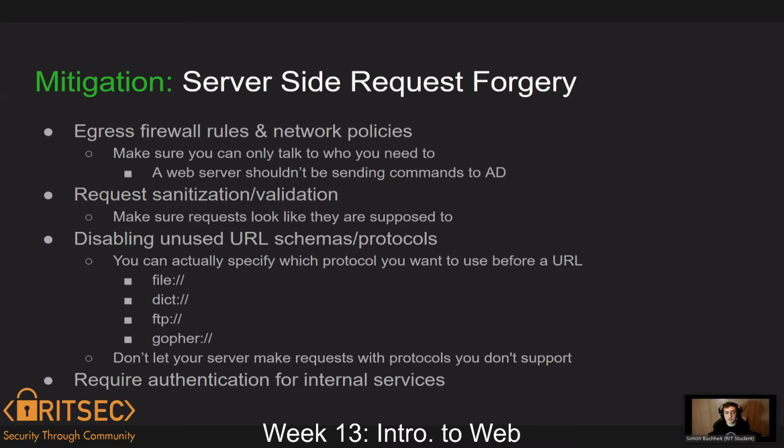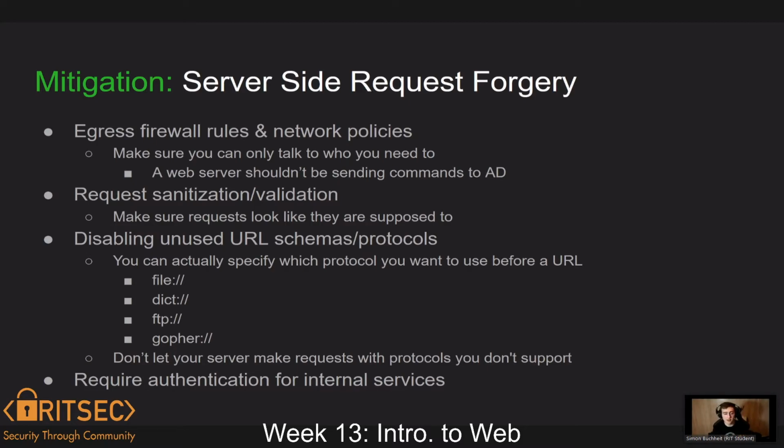Also, you just want to disable URL schemes that you don't need. For example, if you don't know this, you can actually use your web browser as a file browser. So if you do file:// and then /etc/passwd if you're on Linux, there's a good chance it'll just pull up the passwd file in your browser.